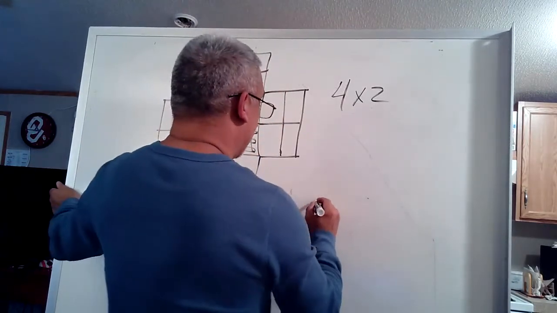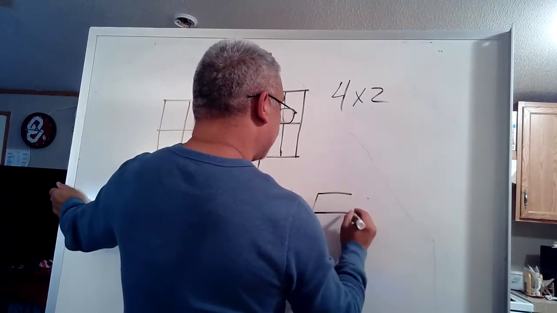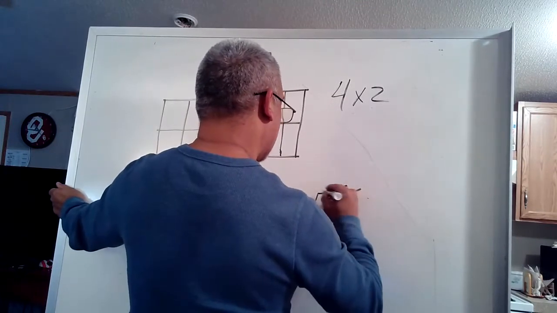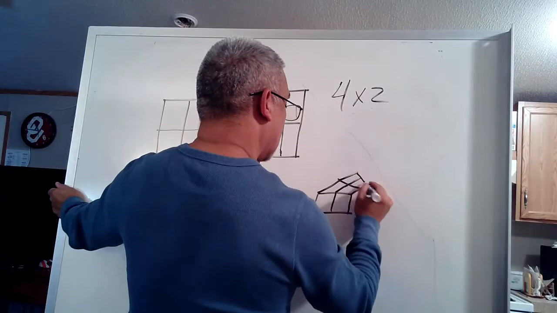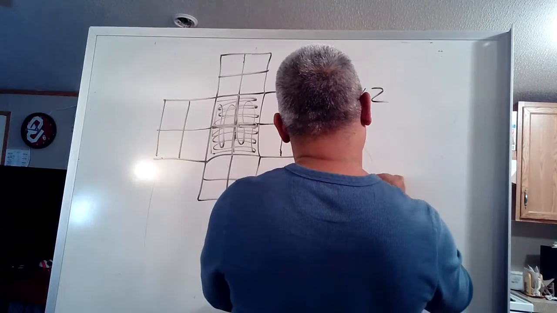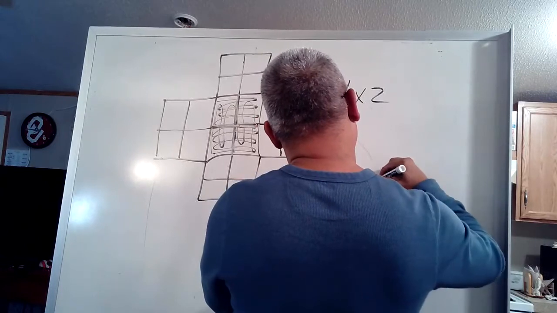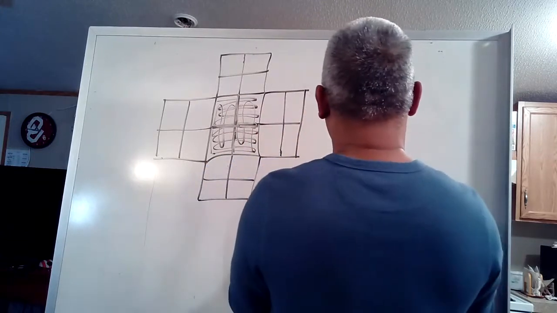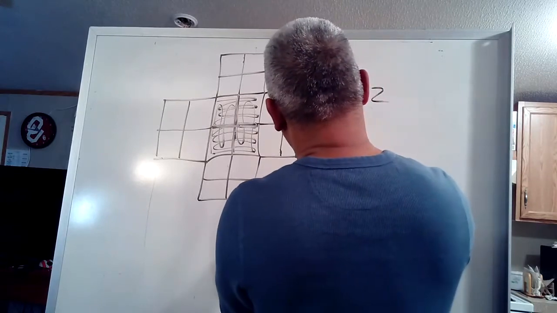So if I was to draw this, I know I'm going to have 4. 1, 2, 3, 4 blocks there, and then another 4 blocks.